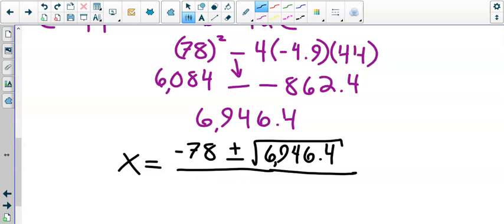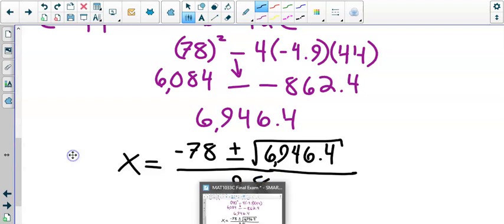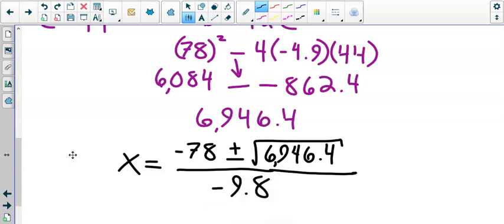Our A value is not 78. Negative 4.9. So take 2 times negative 4.9. Negative 9.8. This is the number that we need to put in our calculator.